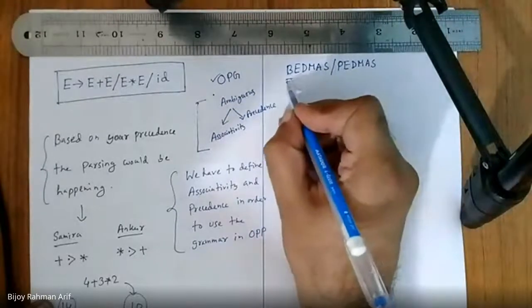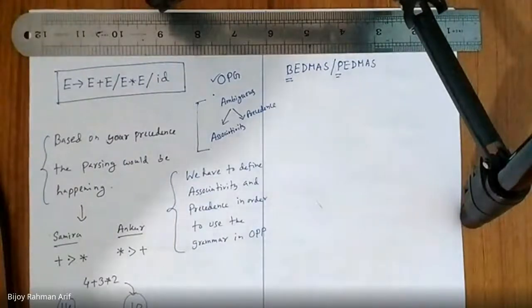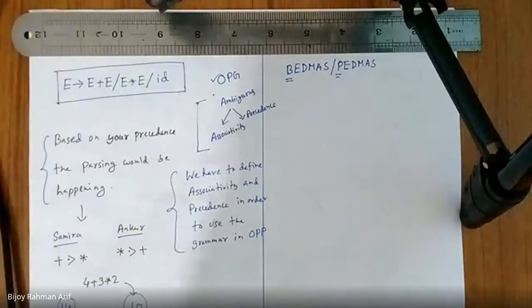So it is bracket or parenthesis and all the things are the same: exponential, division, multiplication, addition, subtraction. Do we do division before multiplication or after multiplication? Sir, division before.